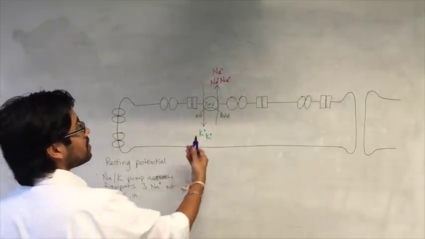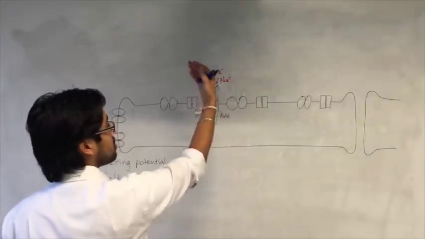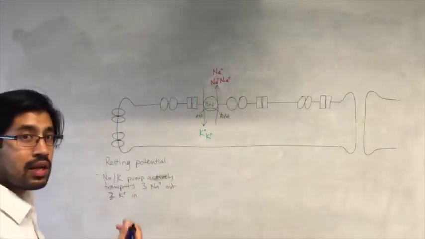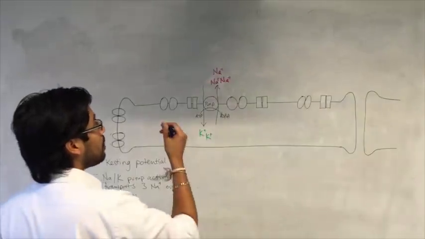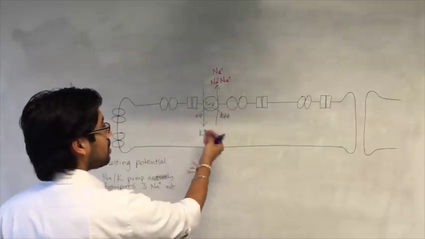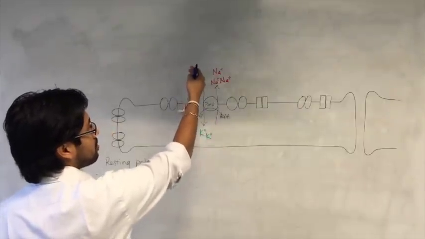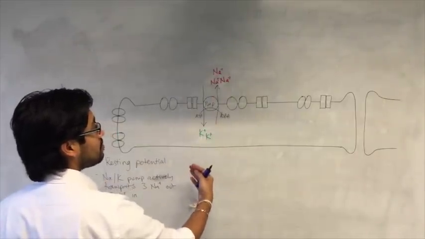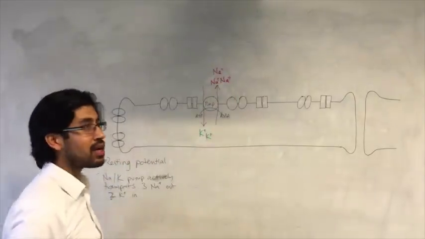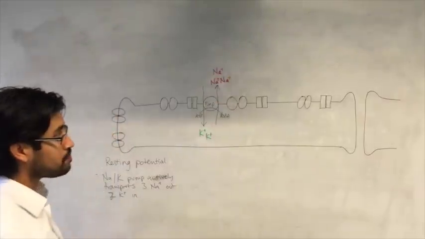The electrical gradient is because there are more positive charges outside than inside. But also there's a chemical gradient, because there's lots of potassium inside but not that much outside, making a gradient of potassium. And there's lots of sodium outside and not that much inside, so that's the chemical gradient.